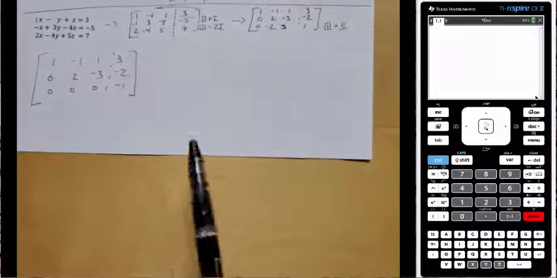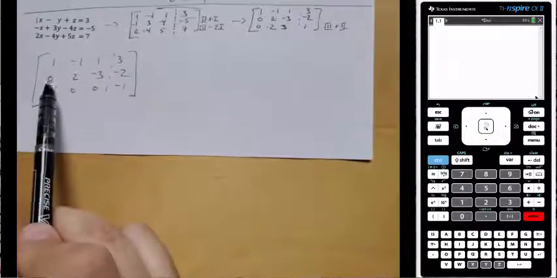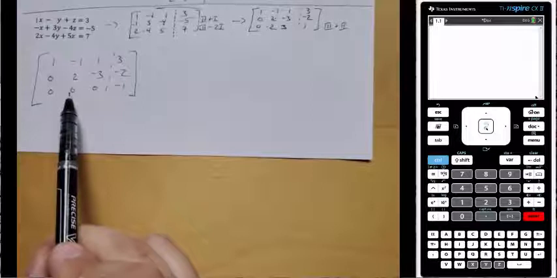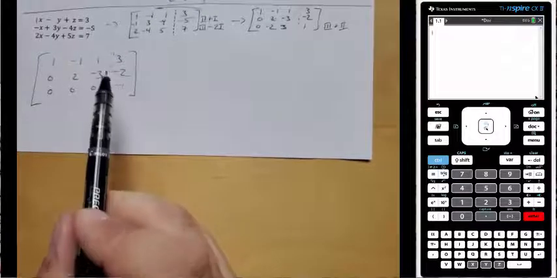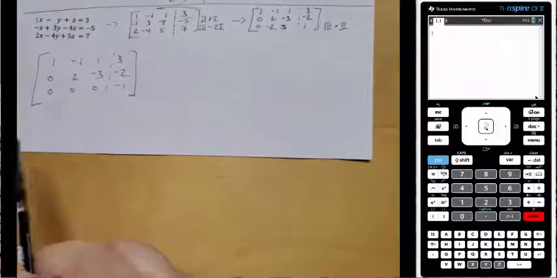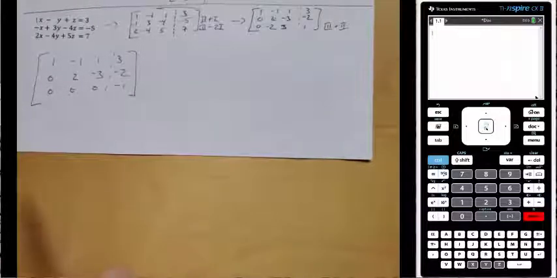So I'm in upper triangular form here, that's good. At this point, I'm going to switch this matrix back to the equations with x's, y's, and z's, and then I can use that to figure out what the solutions to the system are.